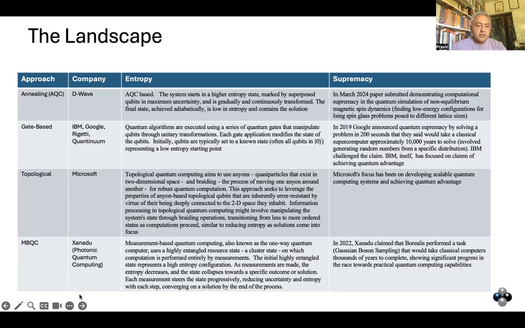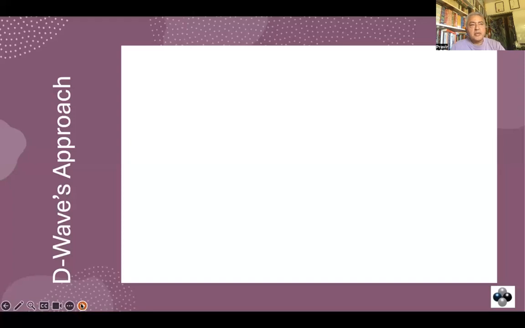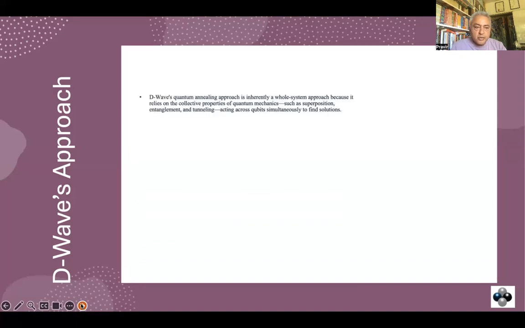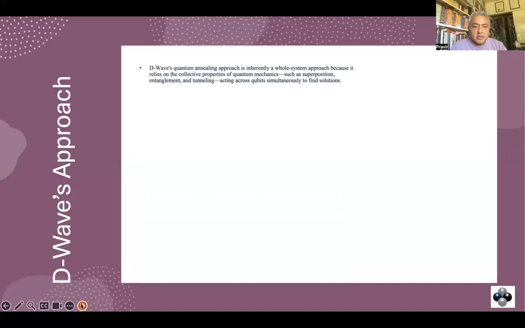Now, because D-Wave has been on the market the longest, its commercial applications have been around for about 15 years or so. I want to focus on its approach.